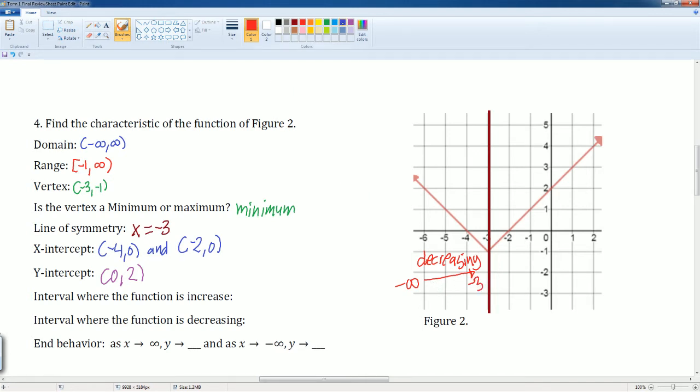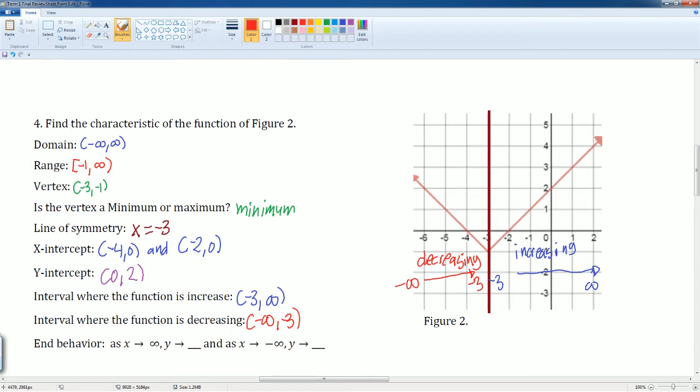Then it was increasing afterwards, and it starts from the number -3 all the way to infinity. So here, where the function's increasing, we would say it is increasing from -3 comma infinity. Then it is decreasing from -infinity all the way to -3.